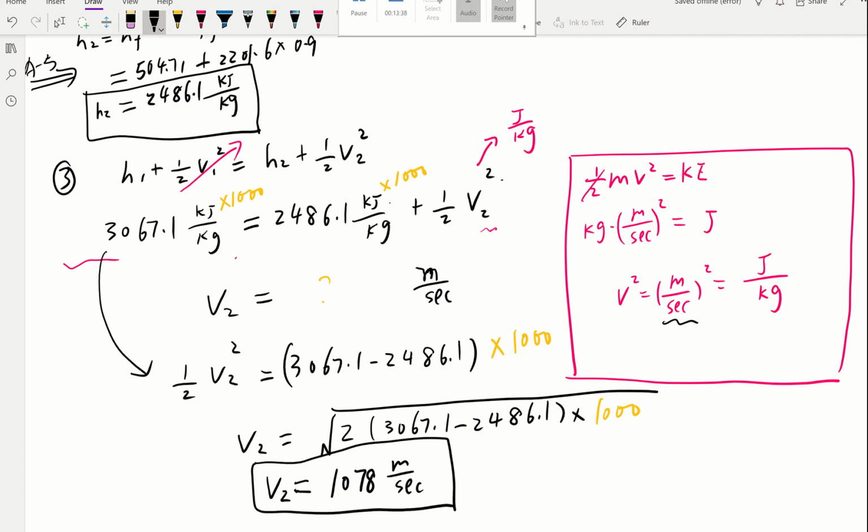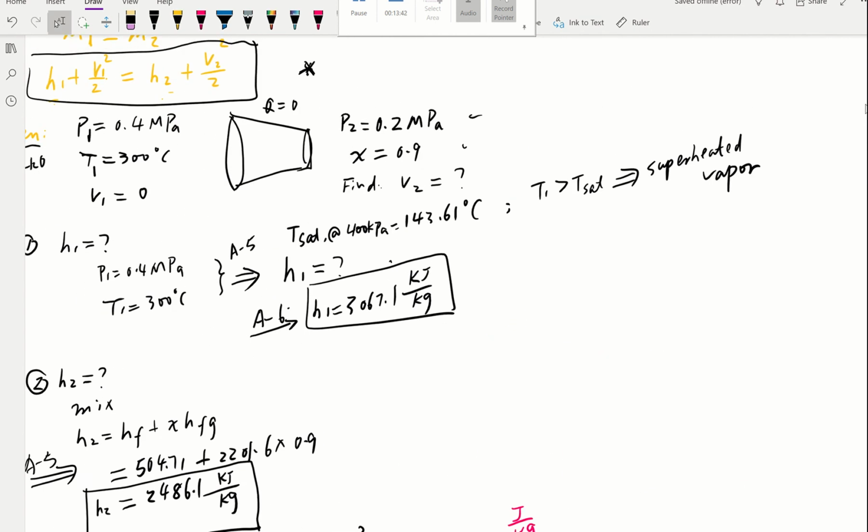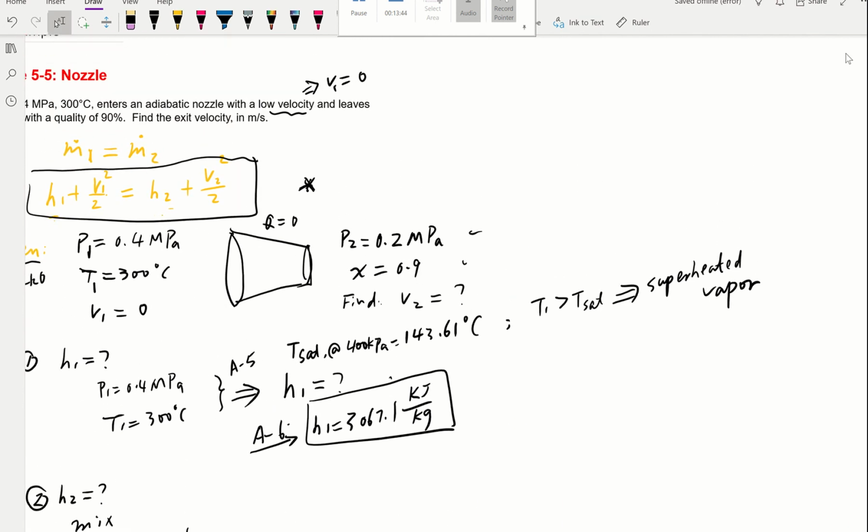Okay, so a quick recap on this problem. For this nozzle problem, we started with our energy conservation equation, and we realized we need to find H1, H2. H1 is superheated vapor, so we find its respective table. H2 is a mixture, so we find H2 using the formula.